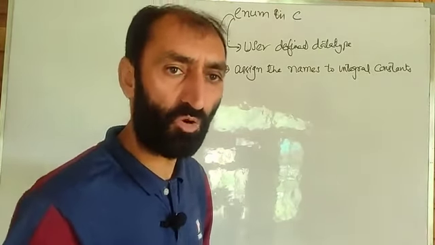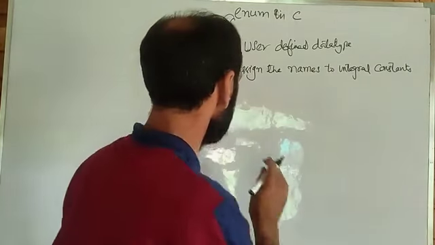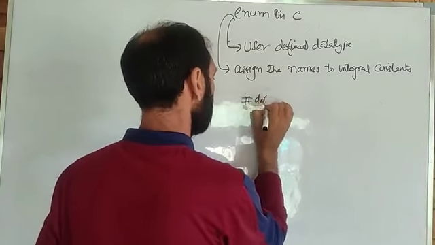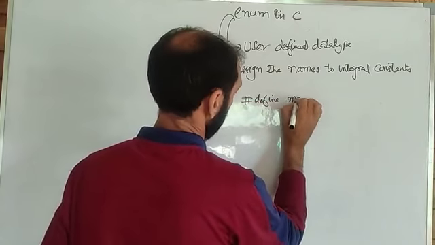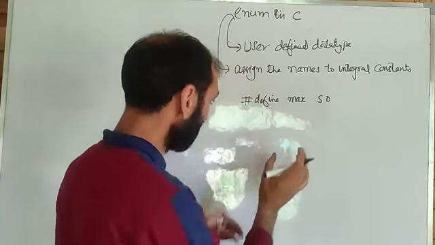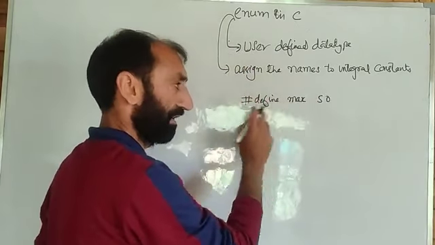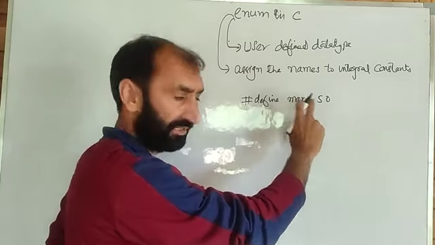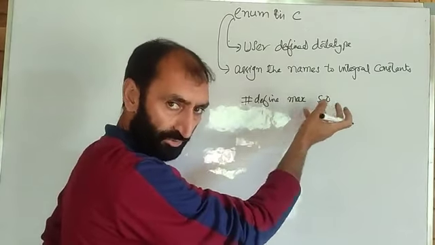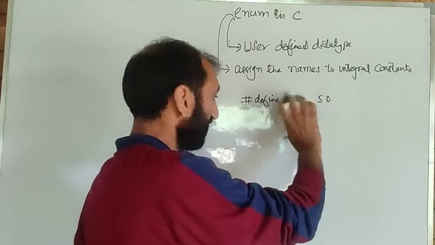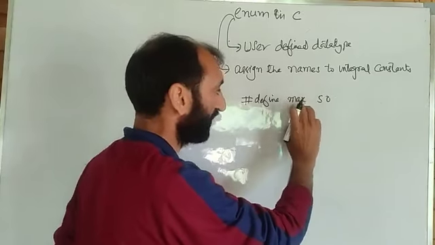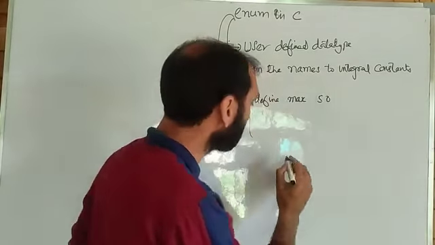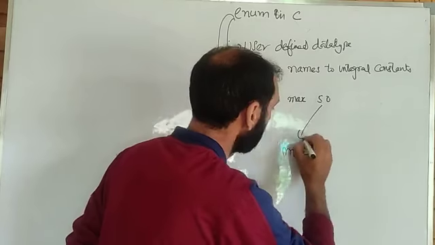I hope you know that, for example, in macros we use #define MAX 50. Actually, when we write this macro, the maximum size, that is 50, is assigned. The name assigned to 50 is MAX. Whenever later we use this MAX in the program, automatically this MAX is going to be replaced by this 50.